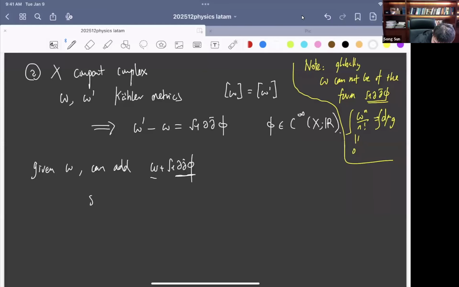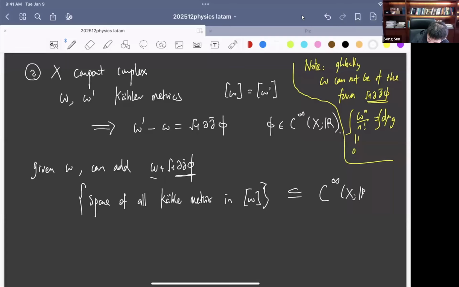That means the space of all Kähler metrics in the class of omega is an open set in the space of all functions.